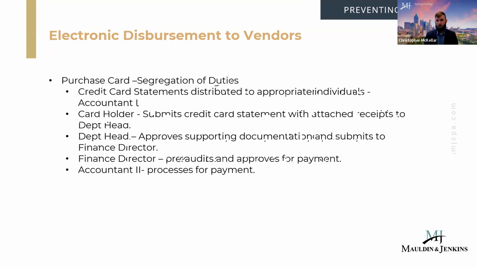You could also consider having the city manager review and approve the supporting documentation. Oftentimes, small governments have many employees that wear many different hats. So get as many people involved as you can and is necessary so that you have proper controls in place over the purchase cards.